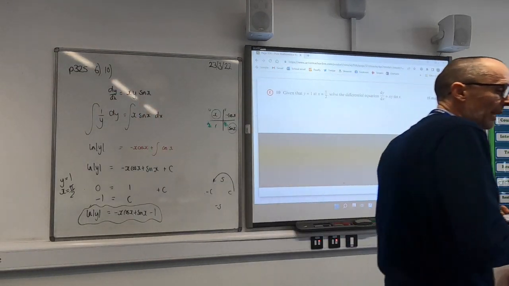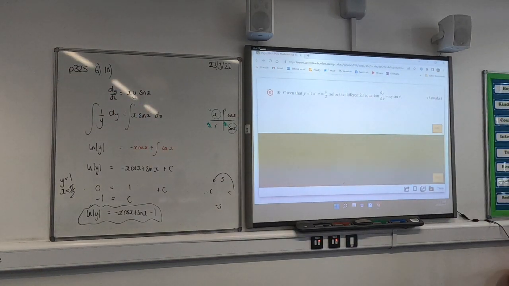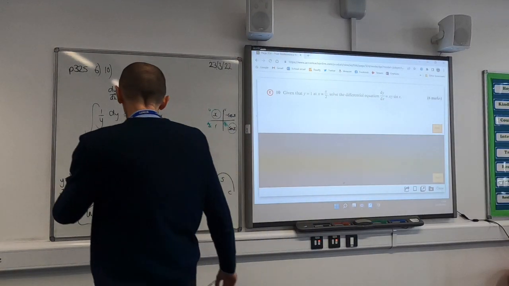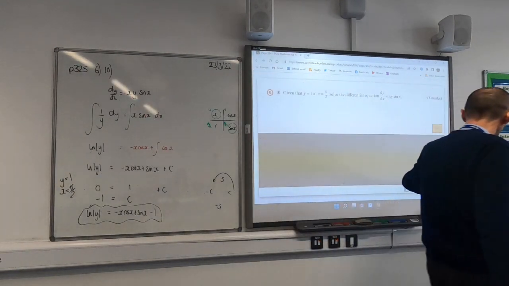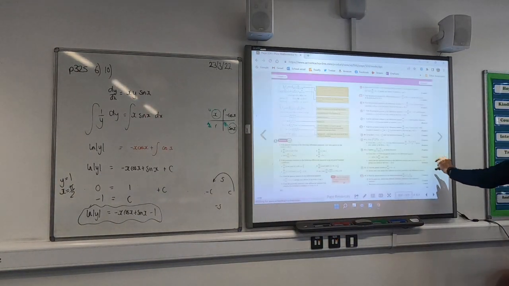That gives me my general solution. Why have I left it in ln y rather than going through all the log gymnastics? Two reasons. They didn't ask for it in y equals form, and substituting values in at this stage didn't create any problems with minuses inside the modulus signs. So it was perfectly okay to leave it like that, and I'm fairly sure they did the same.